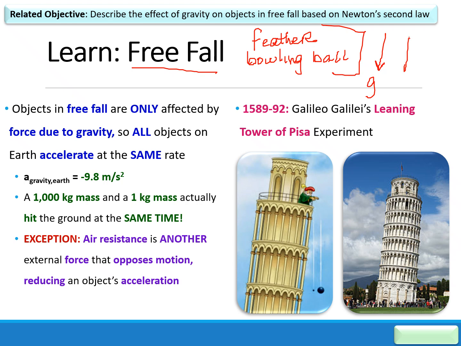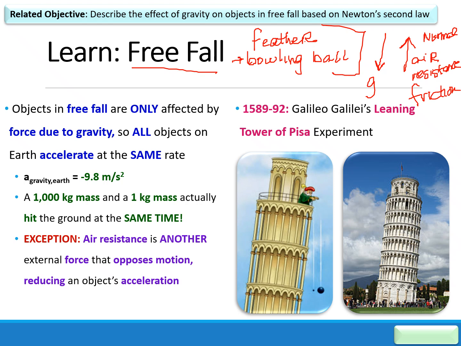But I have an opposing force. I have both the normal force and I have air resistance. And air resistance is a type of friction that opposes the motion of being pulled down, okay? And this is going to cause the bowling ball to drop at a faster rate than the feather, right? We all know that.